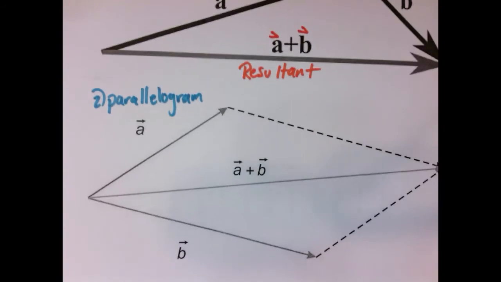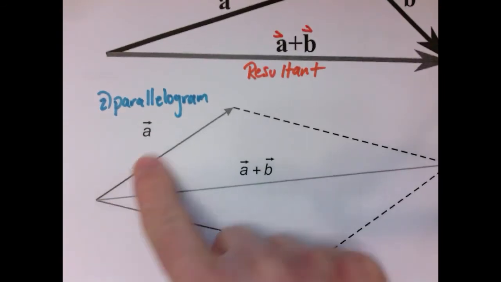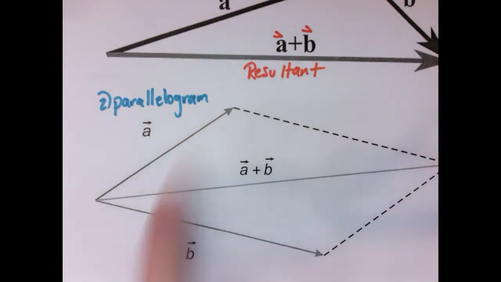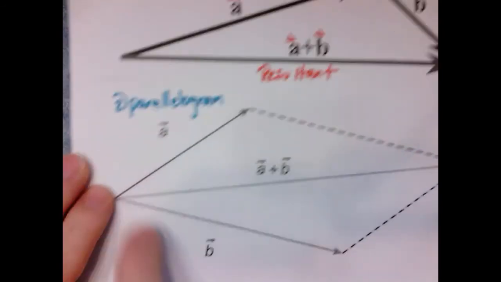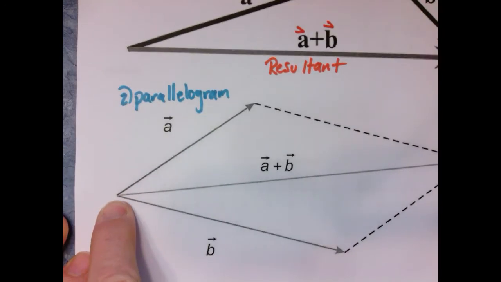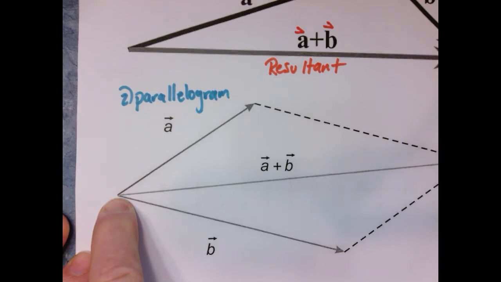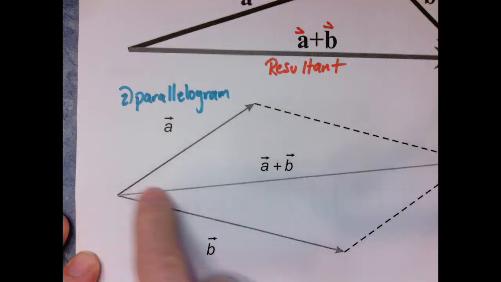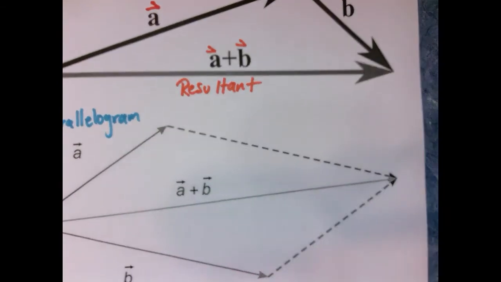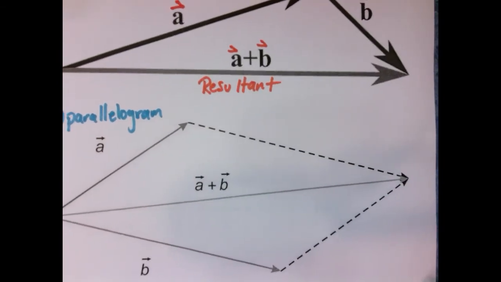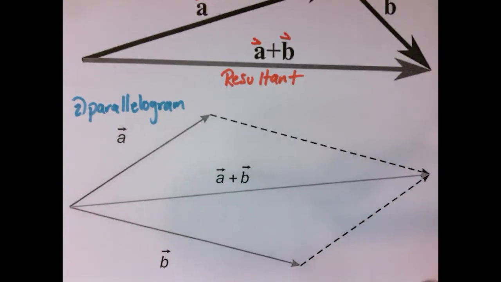So here we have vector A, like so, and we have vector B. Notice that instead of vector B being drawn at the end of vector A, as it is in the vector addition, it's drawn with the same starting point, out of the same vertex. So here's A, and this is B. It's called the parallelogram method because you are asked to complete a parallelogram based on those two vectors.